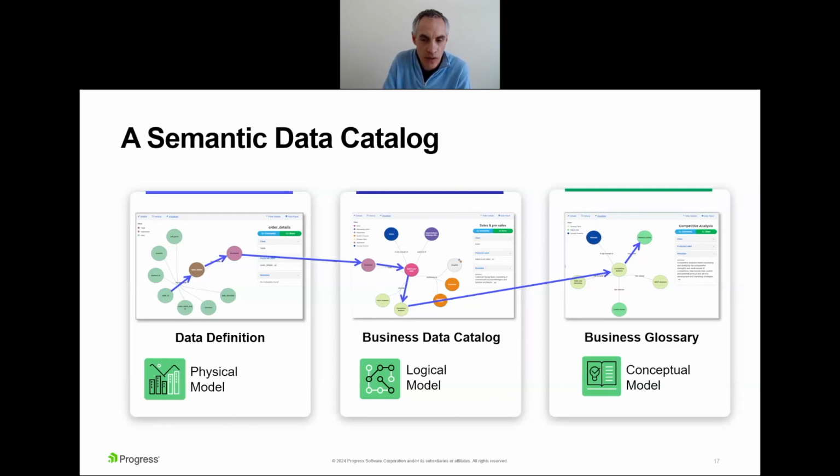That can be stored in MarkLogic, and it's something that you can query. The other thing to note is that whenever you make changes to any of the graphs at any level, that is done through something called tasks.